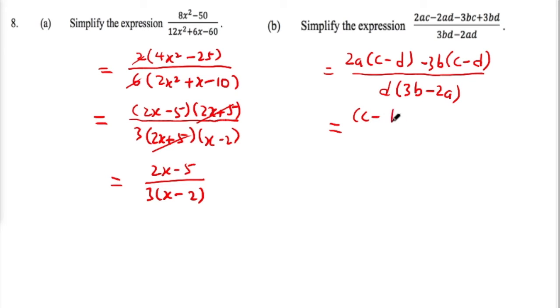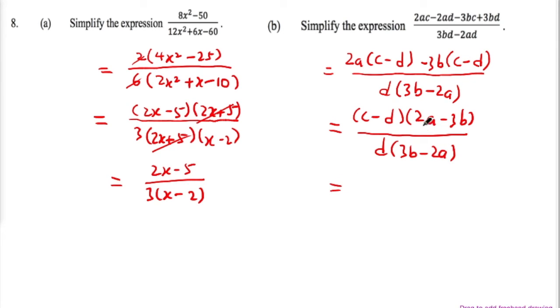We take out c minus d, giving us 2a plus minus 3b in brackets. You can see that 2a minus 3b and 3b minus 2a is reverse. Therefore, we need to take out the sign in order to make it the same so that we can cancel it off.